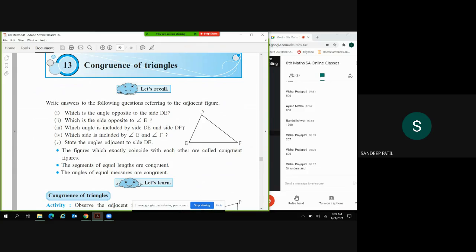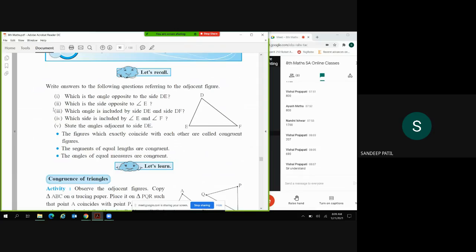It shows that you have the curiosity for learning. So आप कुछ भी क्वेश्चन पूछ सकते हैं. Okay, then we will go to the next chapter, congruence of triangles.